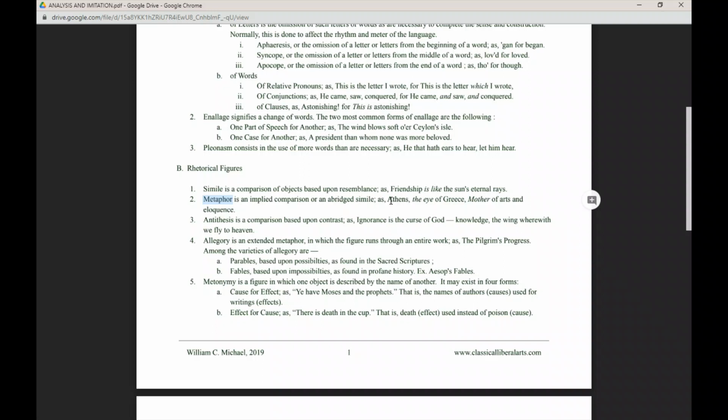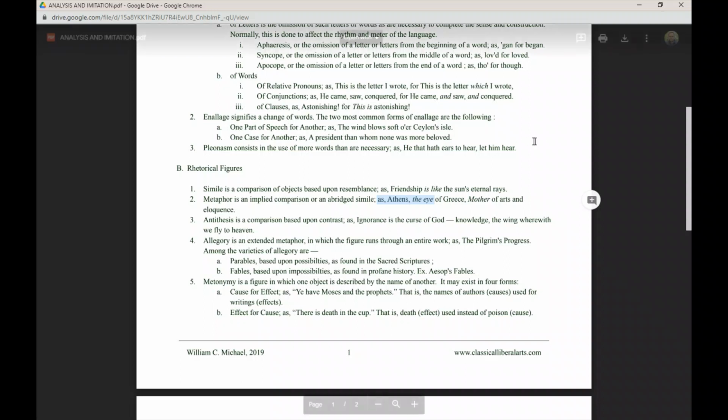And we have an example in Athens, the eye of Greece, the mother of arts and eloquence. So it doesn't say that Athens is like an eye. It says Athens is the eye of Greece. It's an implied comparison. It's like saying Athens is to Greece what the eye is to the body.